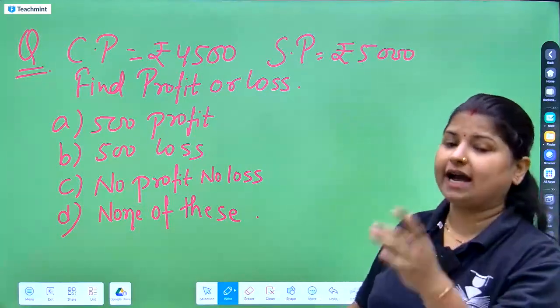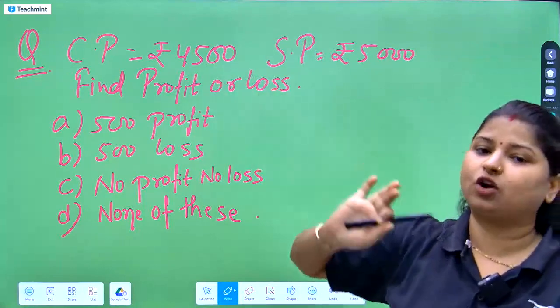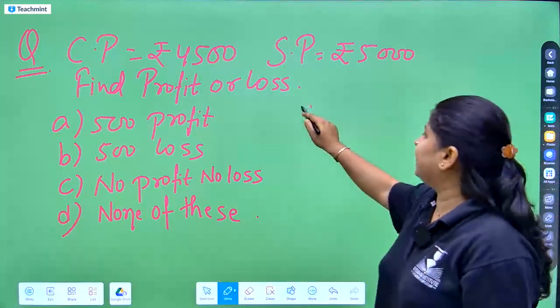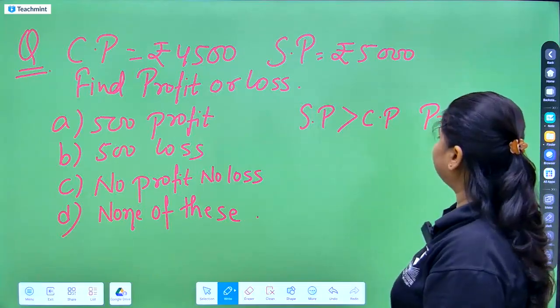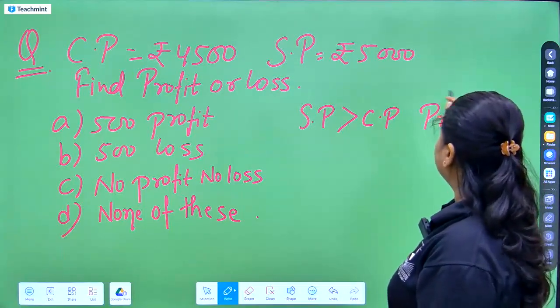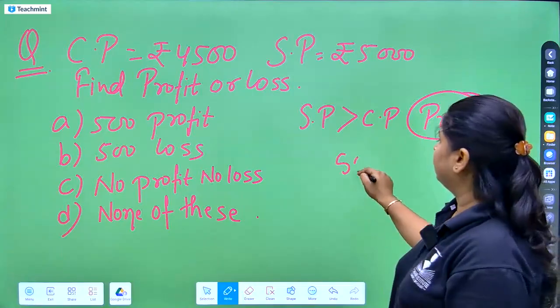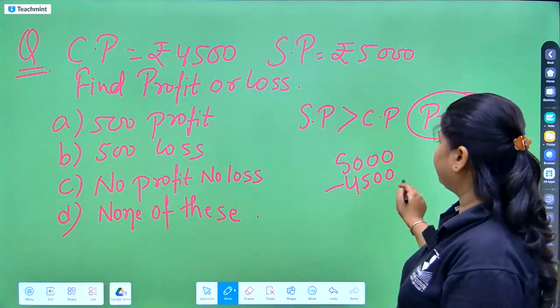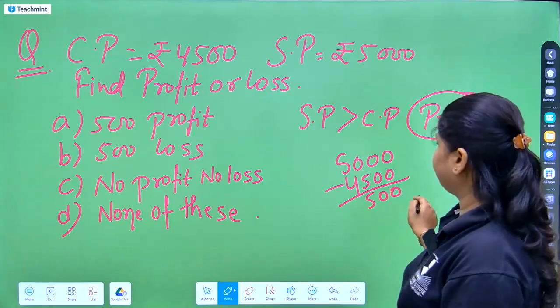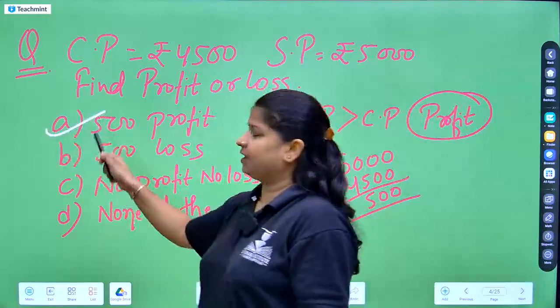Now I know that selling price is more than cost price. And if selling price is more than cost price, for sure I will have profit. Profit of how much? 5,000 minus 4,500, that is 500 profit. Option A.